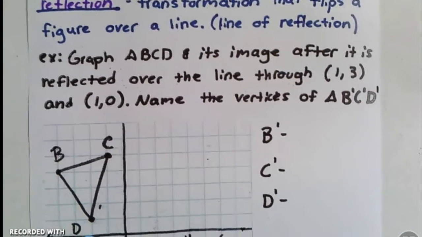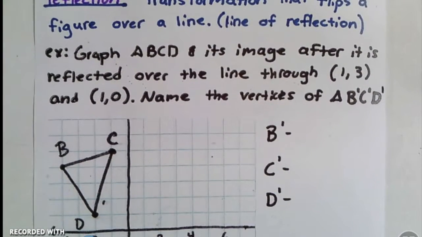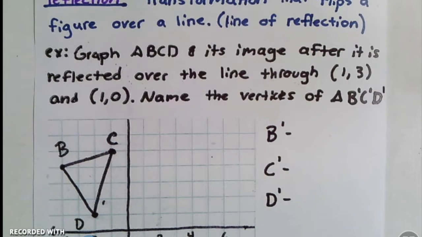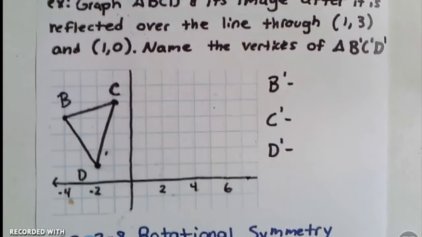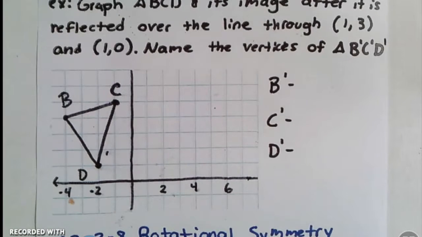Graph triangle BCD and its image after it is reflected over the line through (1, 3) and (1, 0). Name the vertices of triangle B'C'D', which is the image that we'll end up with. So, all right, what's our first step? Our first step is to find what line we're going to reflect it over.